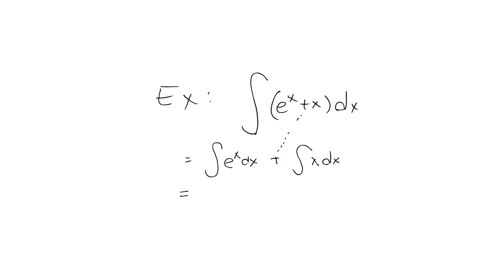Now we can apply our rule for the integral of e to the x dx is e to the x. This integral here, the integral of x dx, doesn't fit either of the rules we're talking about here, so we're going to use one of our other basic rules. It's called the power rule, and we use that when we have x to a power. And to follow the power rule, we add 1 to the power and divide by that power. And we need our plus c for that family of antiderivatives.